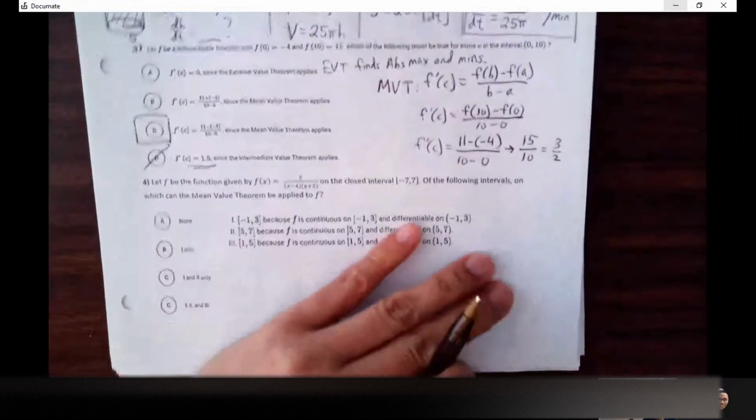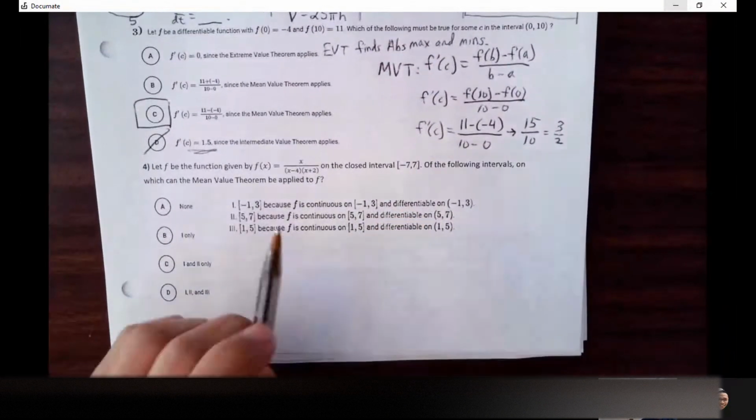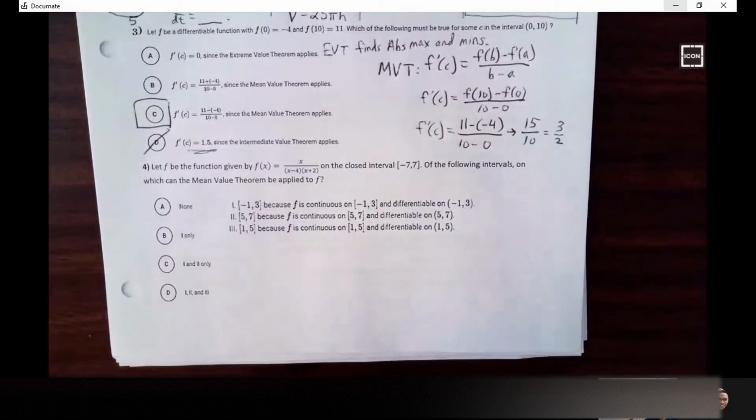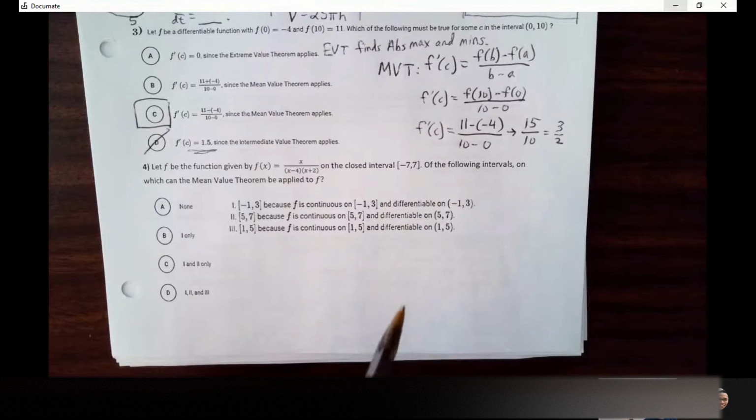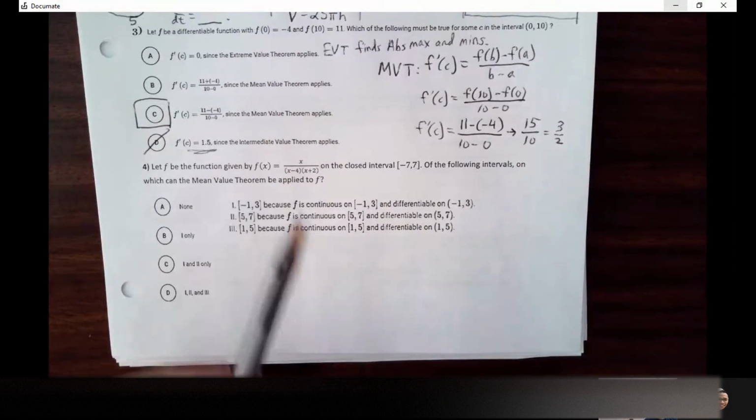All right, number 4. We have a function provided f of x on the closed interval of the following interval on which can mean value theorem be applied. So mean value theorem has to be on an interval with no asymptotes and no holes.